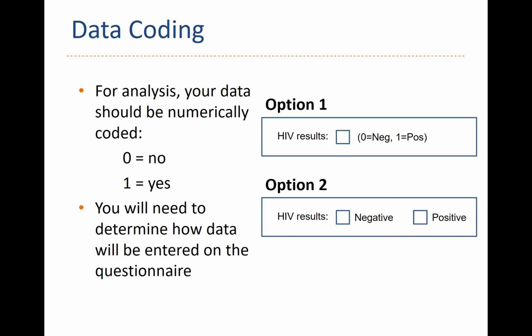Generally speaking, option 2 is much preferable because it really cuts down on the potential for somebody to enter the wrong value. The only exception maybe is if you're getting this from some other data source that is coming in as a 0 or 1, you might just have them transcribe that value. But for the most part, you're going to want to take advantage of that radio button variable type.